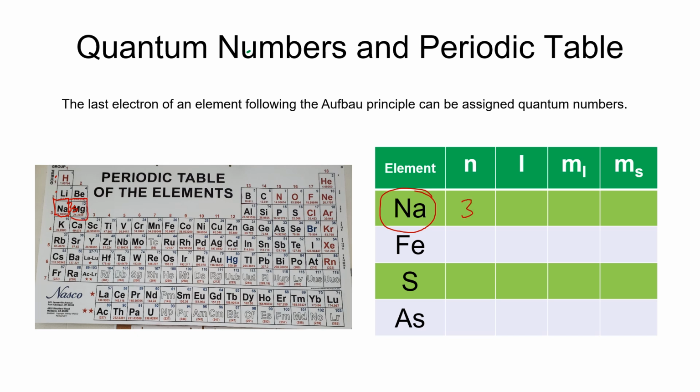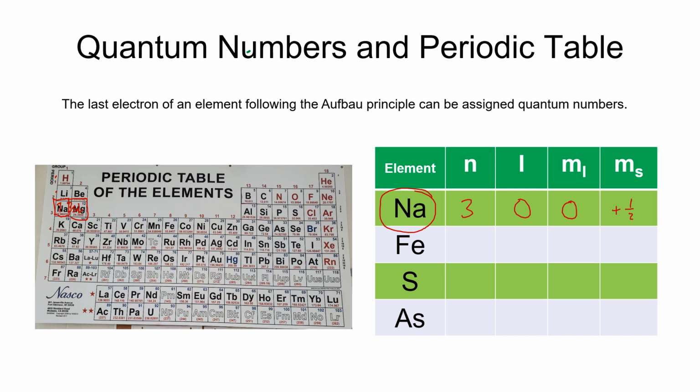So shell number 3, s is 0. The subshell and the orbital are both going to be 0 for s. And then the spin is, if you just look at the order in which they go in here, going to be the up arrow first and then the down arrow second. So we'll call this +1/2 for that last electron to go into sodium.